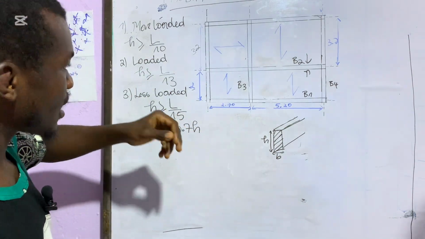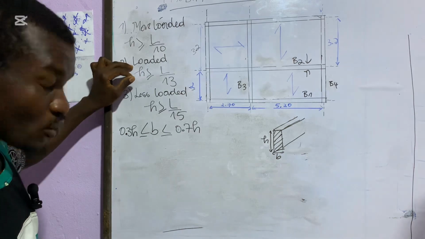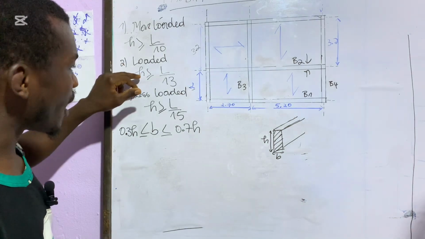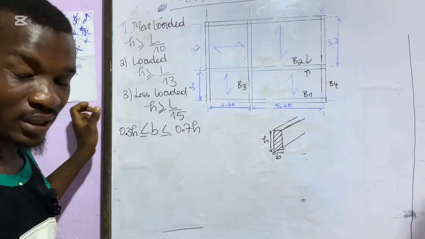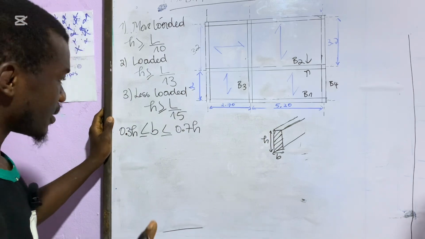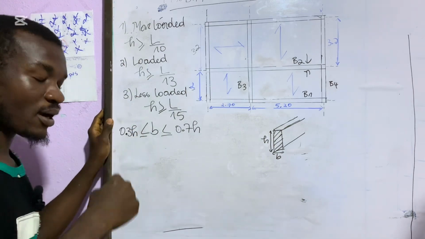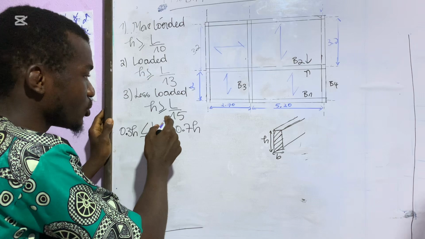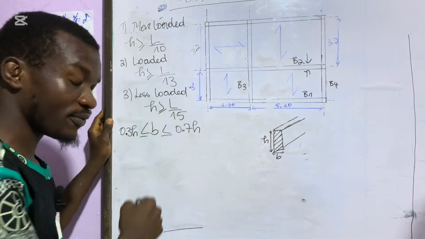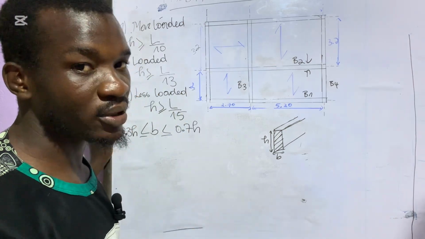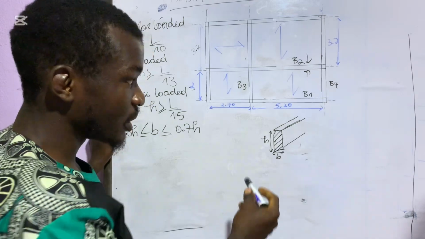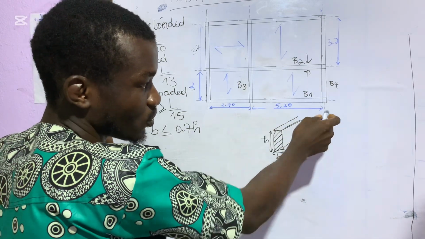In the case of the loaded beam, h is greater or equal than L on 13. In the third case, less loaded, h should be greater or equal than L on 15. What is L? L is simply the span of your beam, taken from axis to axis.